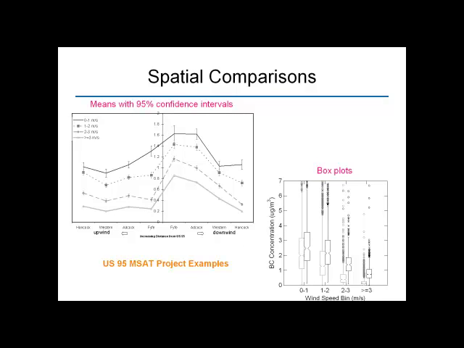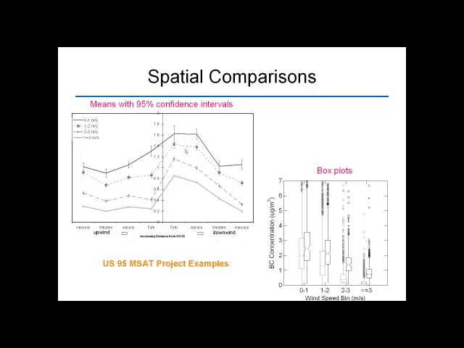The NDOT study, the Nevada Department of Transportation near road monitoring study at US 95, some near road schools, and we measured black carbon concentrations on the left and the right plots.